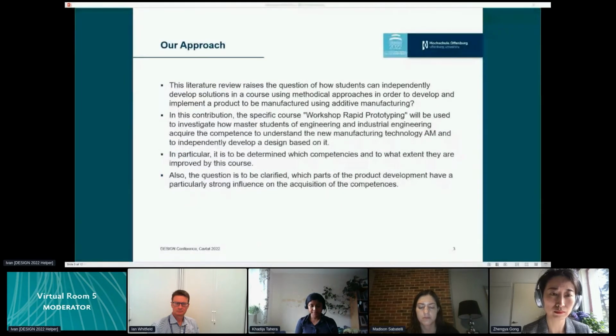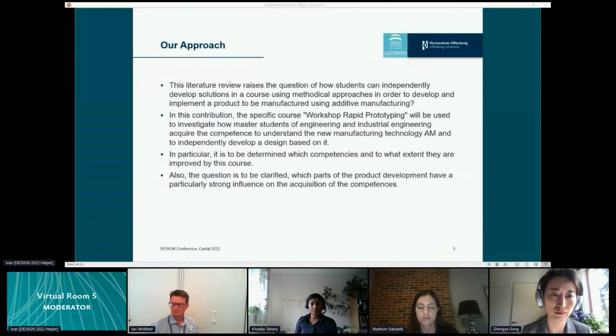This literature review raises the questions of how students can independently develop solutions in a course using methodical approaches in order to develop and implement a product to be manufactured using AM. In this contribution, the specific course Workshop Rapid Prototyping will be used to investigate how master students in engineering acquire the competence to understand these new manufacturing technologies.